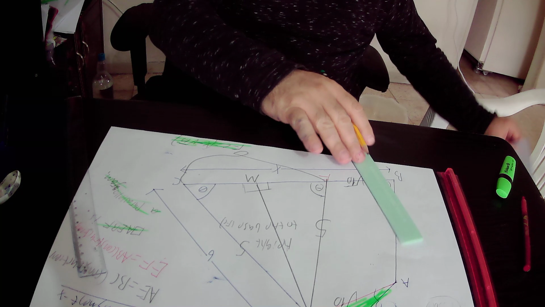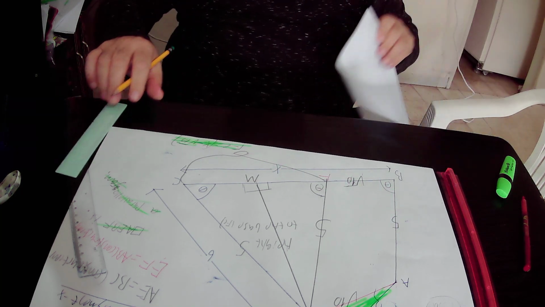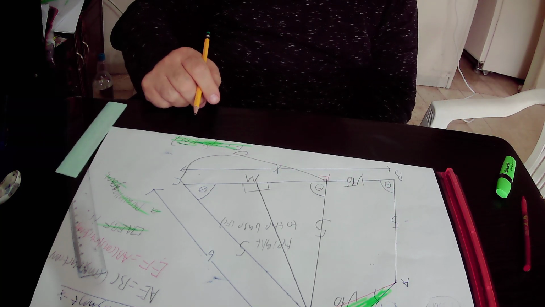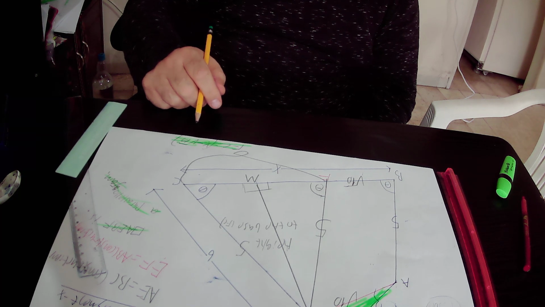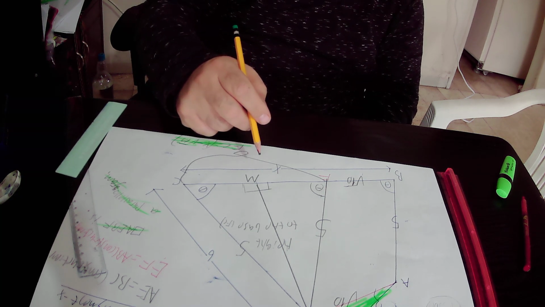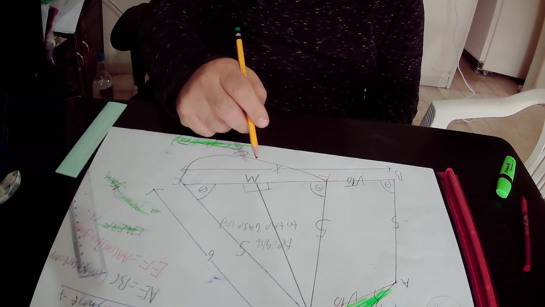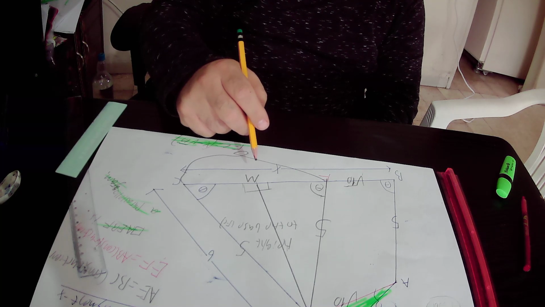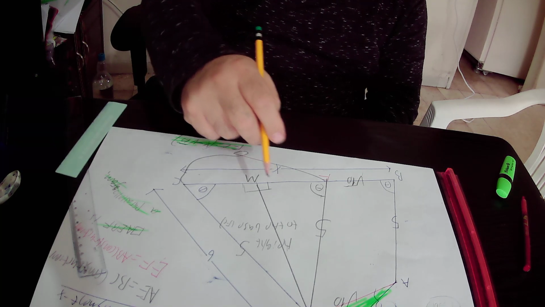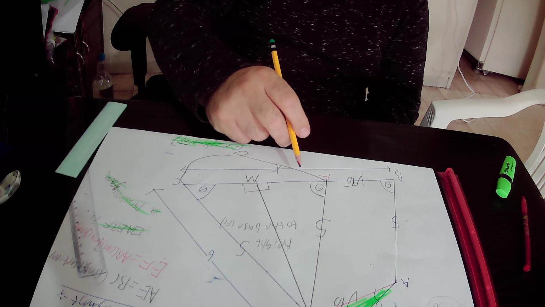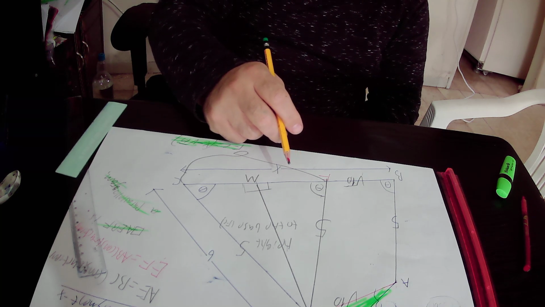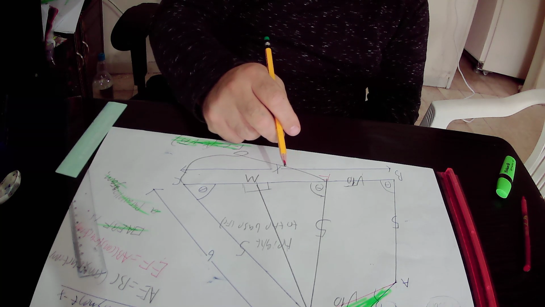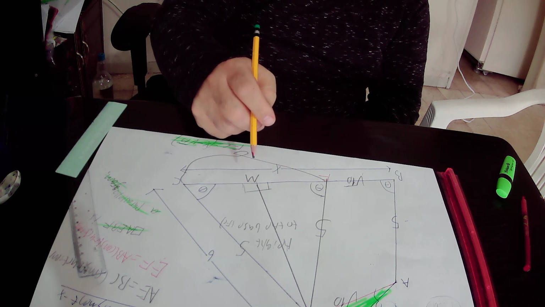Whenever you have a straight line that is perpendicular to any side in the triangle and it exists from the vertex of the triangle, then it is defined as the height to that side.